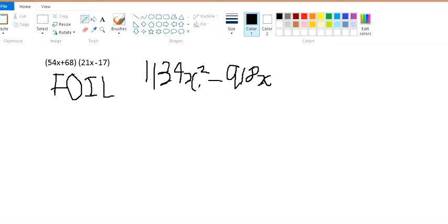So now we multiply the insides. That's 68 by 21. That gives us plus 1,428x. Finally, last, which is in this case minus 1,156.